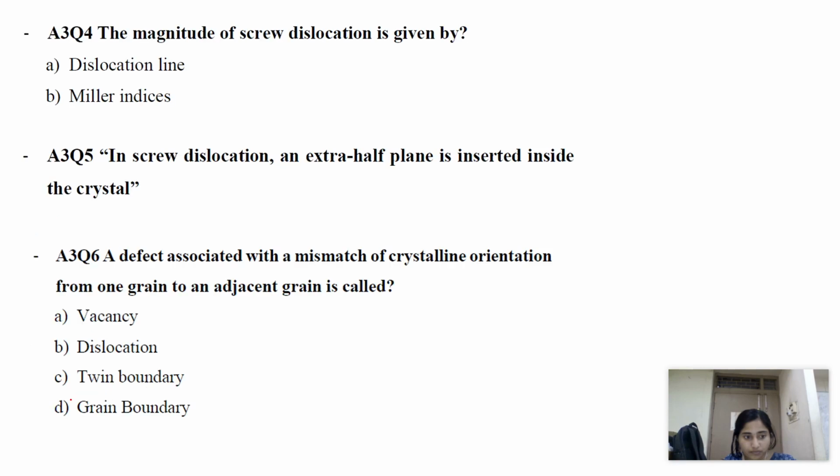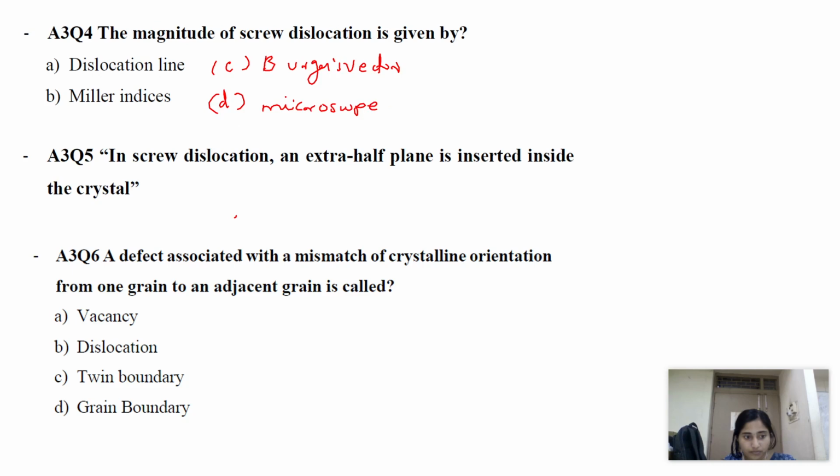Now, what about the magnitude of screw dislocation? Actually, there are two more options also. The options will be Burgers vector and the option will be microscope.